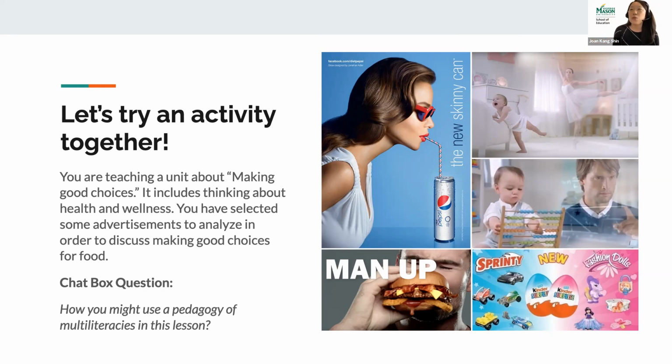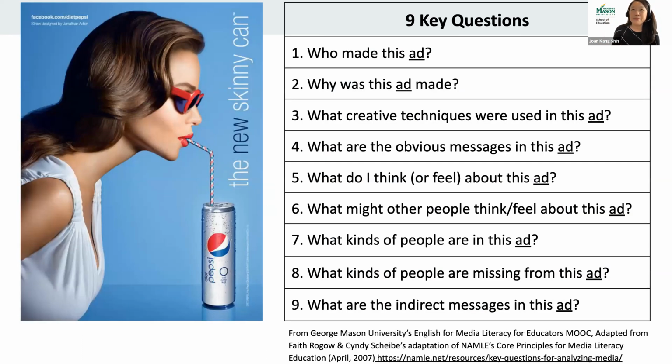Imagine you've selected one of these. Let's just pick the one on the left. You may or may not recognize this person, but it is Sofia Vergara. She's a very famous actress originally from Colombia, I think in Modern Family. And you can engage students in these nine key questions.